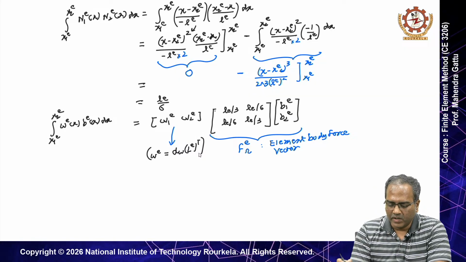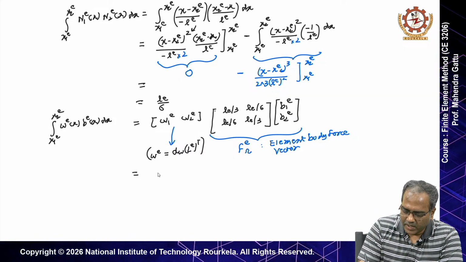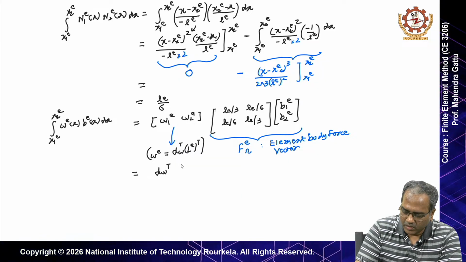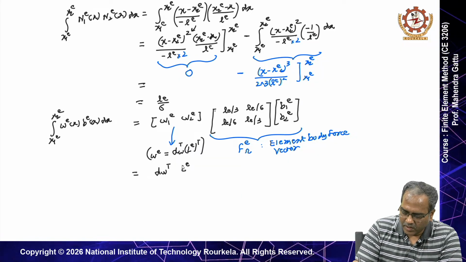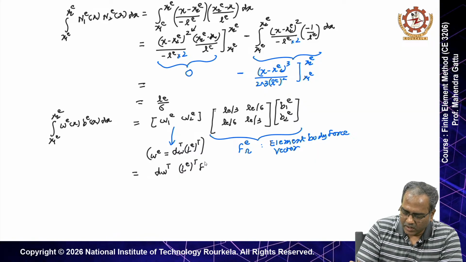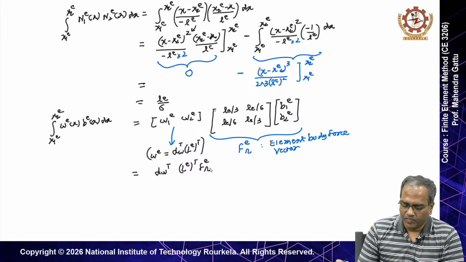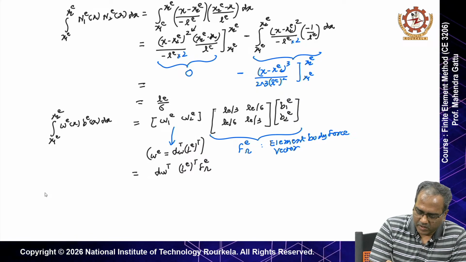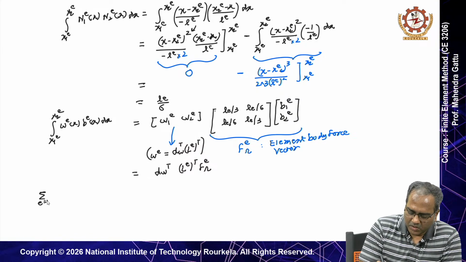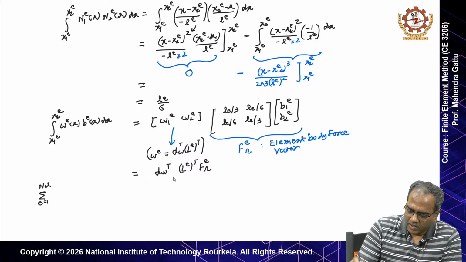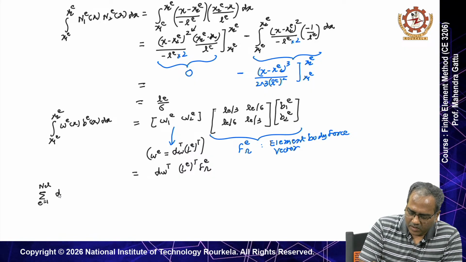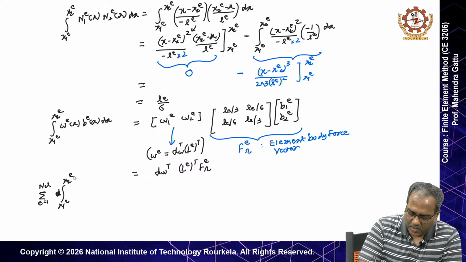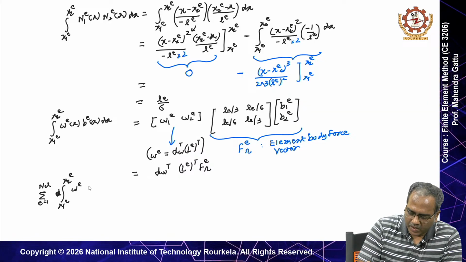So, what I will effectively get is, I will get dW transpose out, and then we have Le transpose, and then the element body force vector. And when you do the summation from sigma e equal to 1 to number of elements, we will have x1e to x2e, W and Be dx.